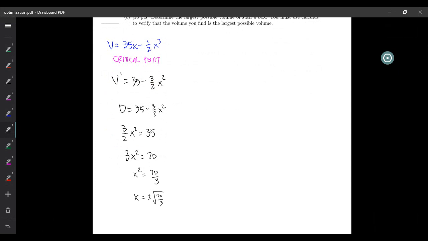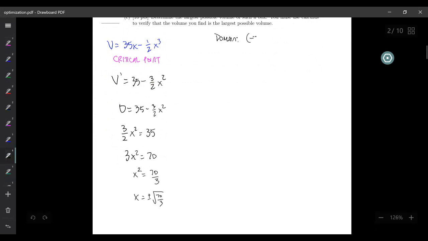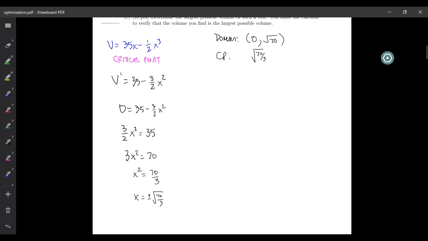So we got a critical point of root 70 over 3. Right, we would use just the positive, because my domain was negative. Sorry, not negative infinity. The domain was 0 to root 70. Right, so this is the only critical point we have.